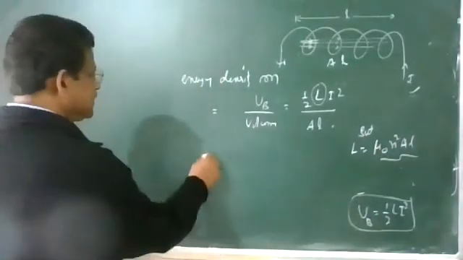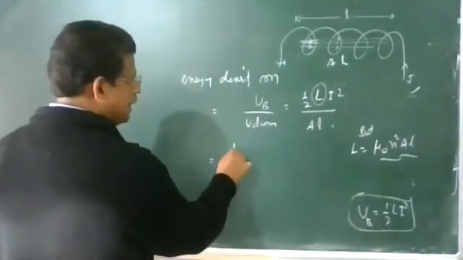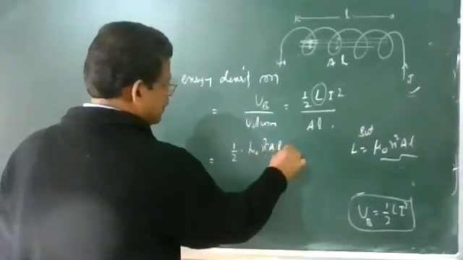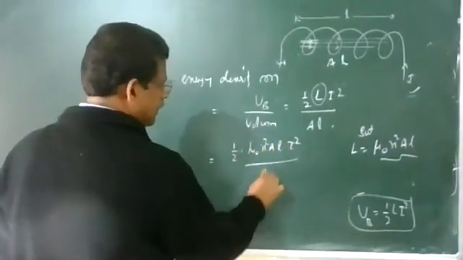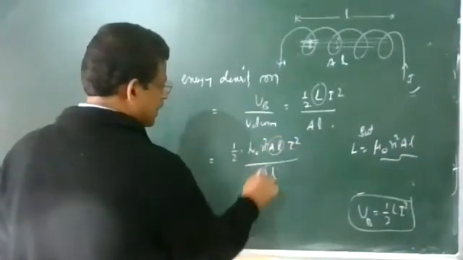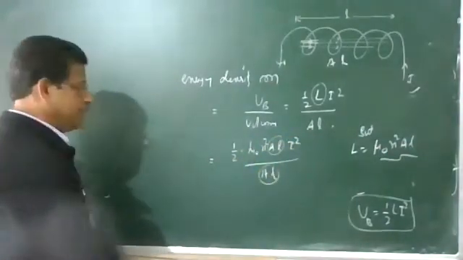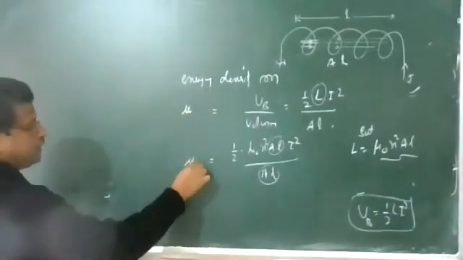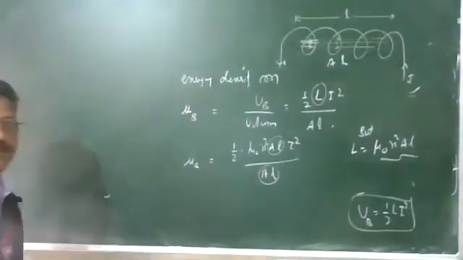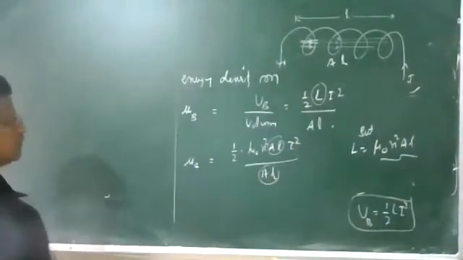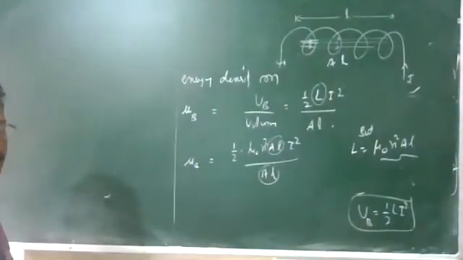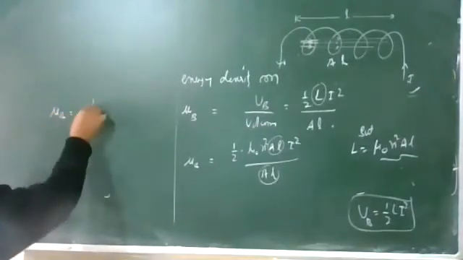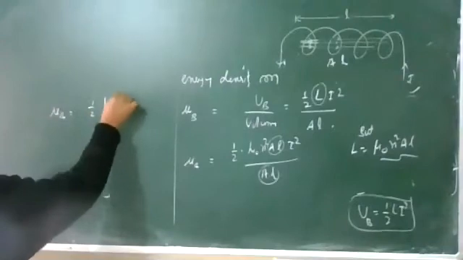So the energy density is equal to half into mu naught N square A l I square divided by A l. So here A and l cancel. Remaining is energy density, usually represented by the letter small u, being magnetic energy density, measured in joule per meter cube. So magnetic energy density u is equal to half mu naught N square I square.